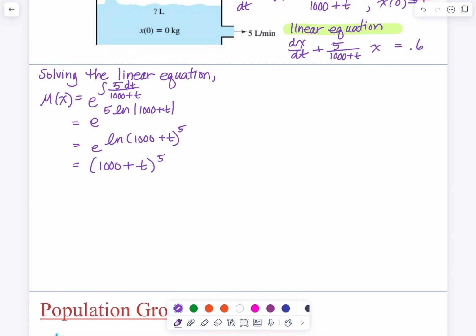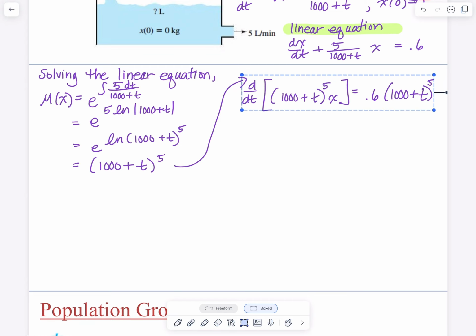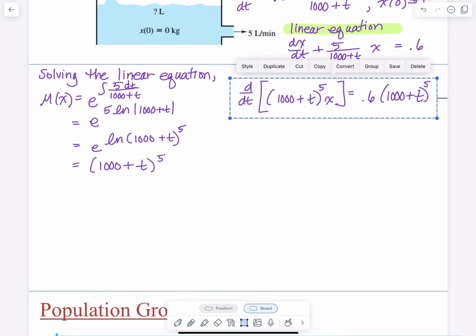So now we have that the derivative with respect to t of 1,000 plus t to the 5th power times x is going to be equal to 0.6 times 1,000 plus t to the 5th power, multiplying both sides of the equation by our integrating factor.